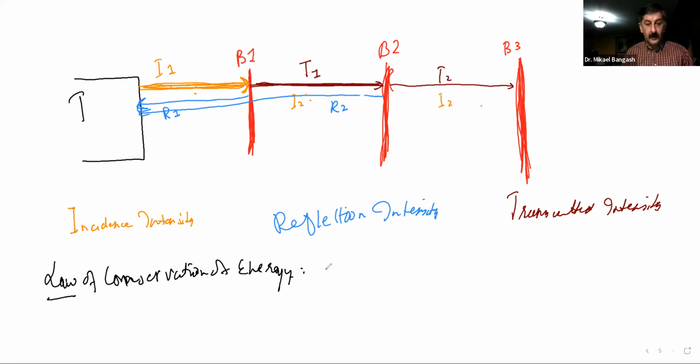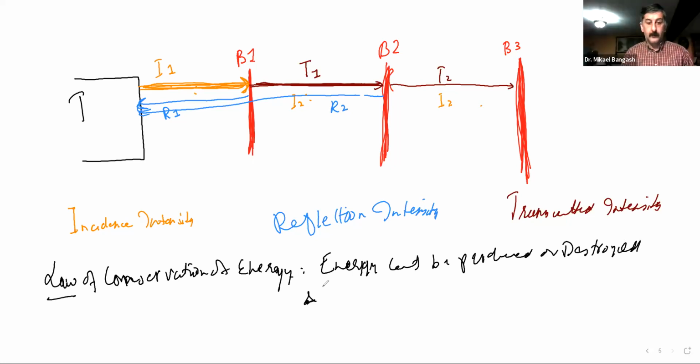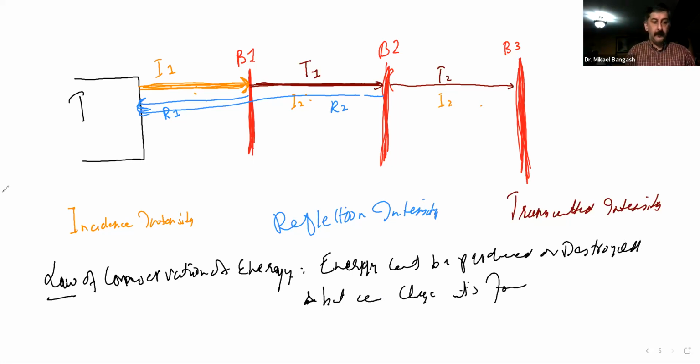And that mainly says that energy can't be produced or destroyed, but can change its form. But the main thing we'll be looking at here is that it can't be destroyed.